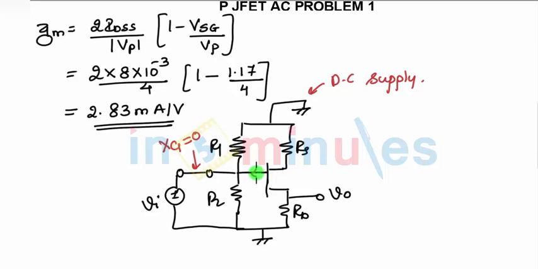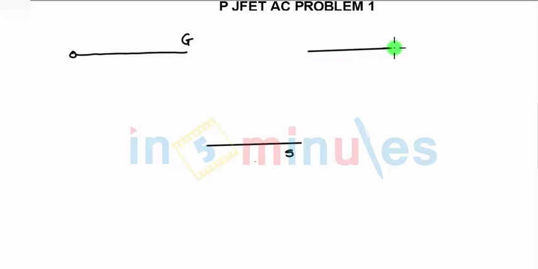Now how to draw the small signal equivalent of the circuit? Now you can say this is your gate, drain, this is your source, and this is your drain, this is your source. Now we'll make the 3 lines. You can say you have one line made for the gate, one line made for the source, and one line made for the drain.